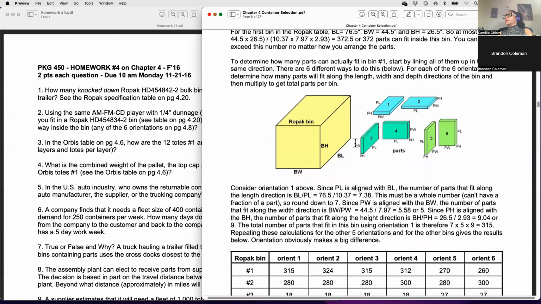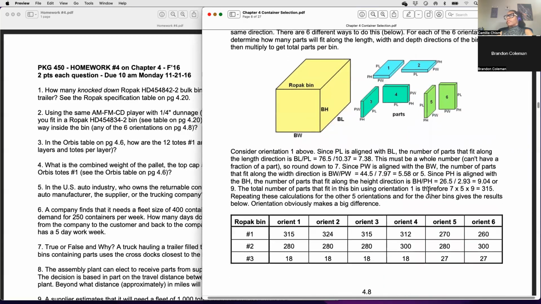And then you're going to do the same thing for the height. So you take the bin height divided by the part height, and you get 26.5 divided by 2.93 equals 9.04. Both of these, you're rounding down because you're not going to have a partial radio.